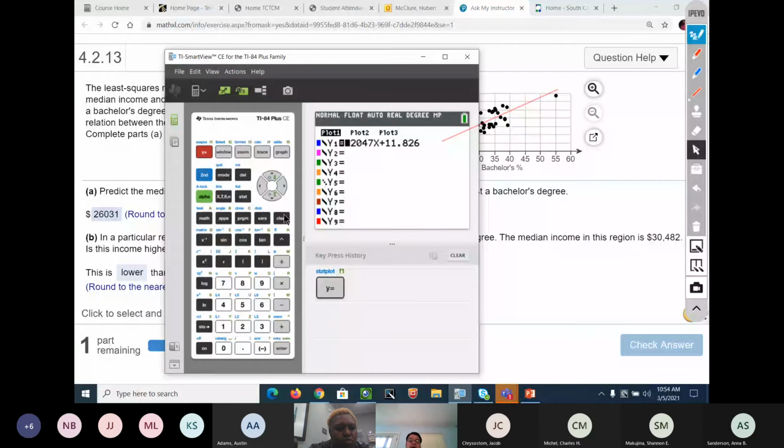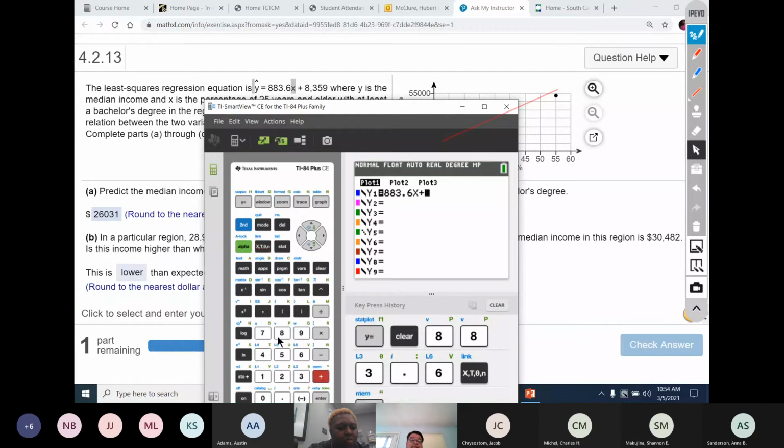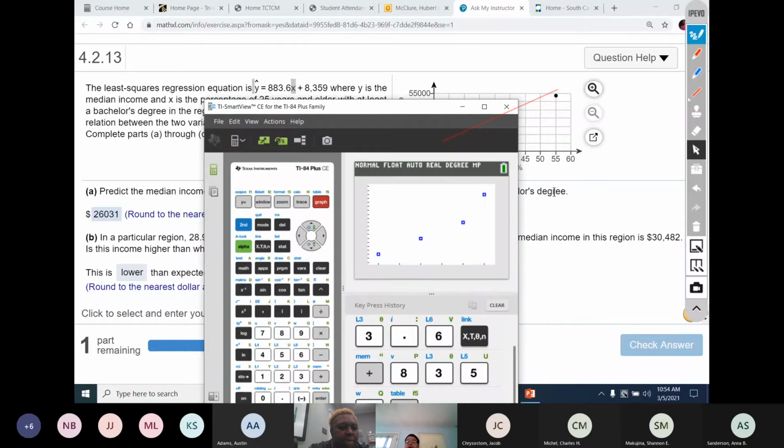So 883.6x plus 8359. And I'm going to hit graph. Now, I really don't care about looking at the graph. The reason you hit graph is to tell the calculator to fill up your table.